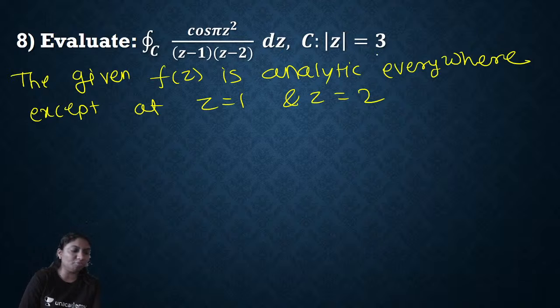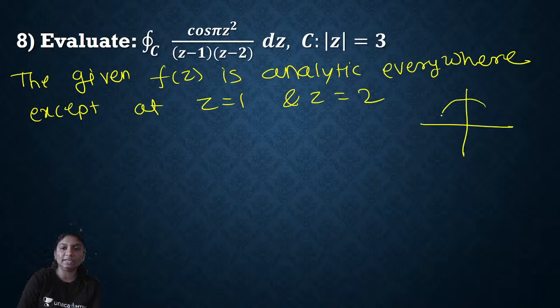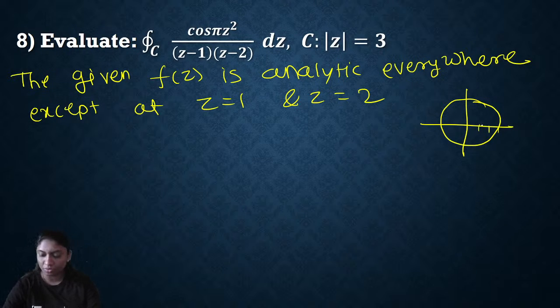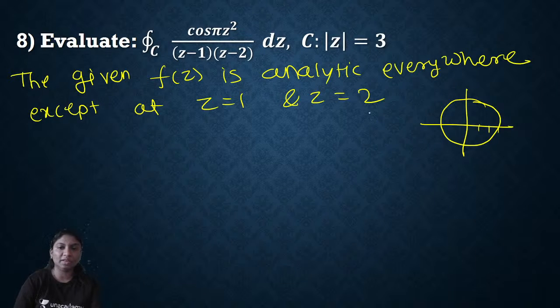Now see, the curve mod z is equal to 3 is a circle with center at 0, 0 and radius 3. So obviously the points 1 and 2 lie inside the curve C. So definitely all the points, z is equal to 1 and z is equal to 2, lie inside the curve C.